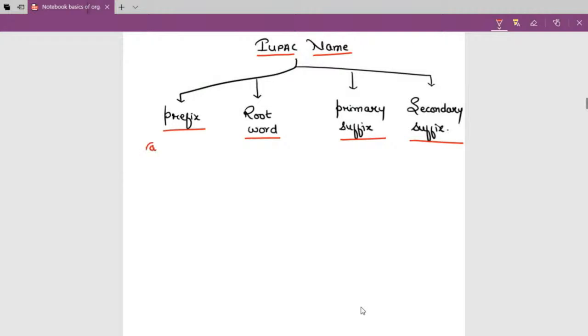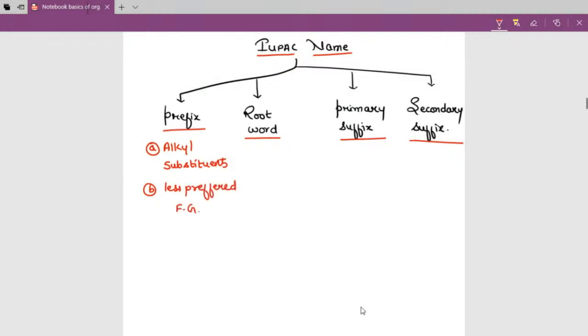This prefix could be something like alkyl substituents. It could be like less preferred functional groups.